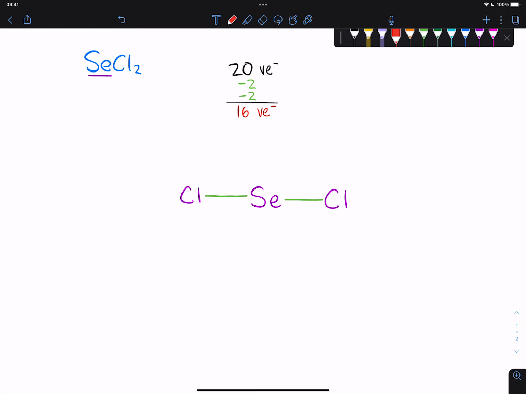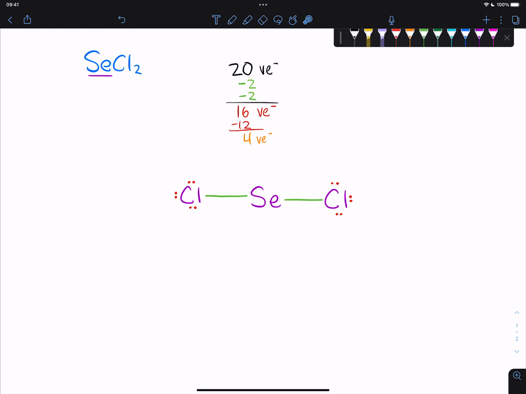So of my 16, I'm putting down 1, 2, 3, 4, 5, 6, go to the other side, 7, 8, 9, 10, 11, 12. I've used up 12. I still have some left over. As a matter of fact, that's going to be 4 valence electrons left. So you use them all up on the outsides.